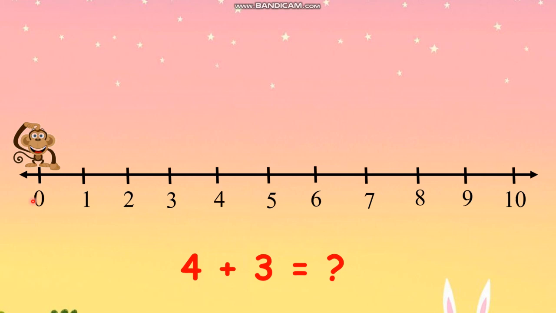So for that, we have to first see the first number in the question. Can you tell me what is the first number in the question? 4 plus 3 is equal to question mark, which is the first number? Yes, it is 4. So Darcy first will jump on the number 4. Can you see the number 4? Now I will tell Darcy, Darcy, please jump on the number 4.